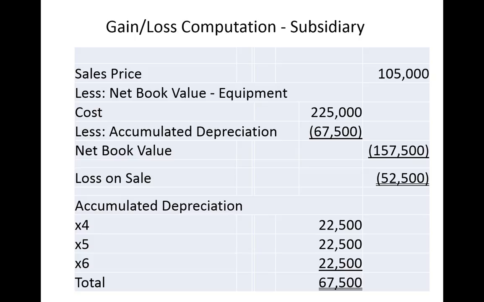On the upstream transaction, we're going to see an example of a loss. So you can apply the concepts for a gain or a loss on an upstream or a downstream transaction. So what we have here is the cost of 225, accumulated depreciation 67,500, and that results in a loss on the sale of 52,500.